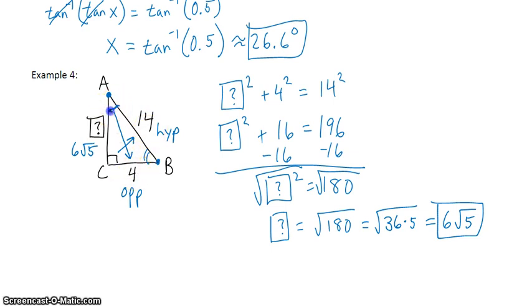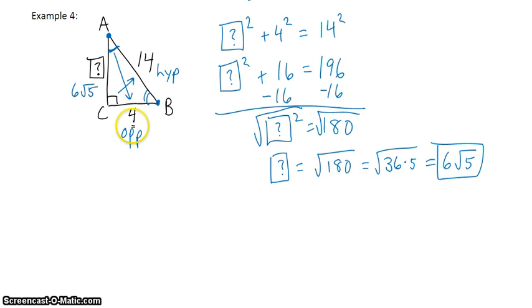Compared to angle A, 4 is opposite, 14 is hypotenuse. So I want to use sine. Sine involves the opposite side and the hypotenuse, and if I use the opposite and the hypotenuse, I stay away from this irrational number and I stick in the integer world. My math is just a little bit easier.